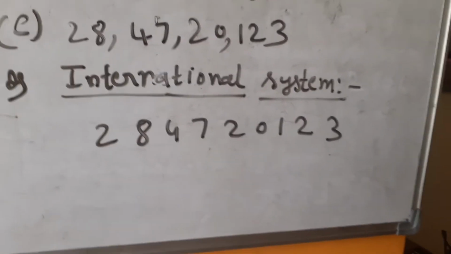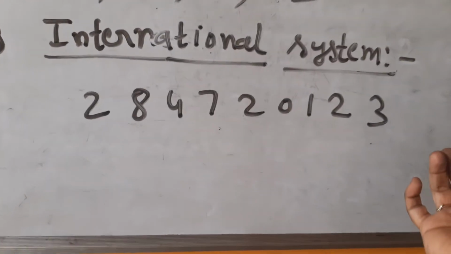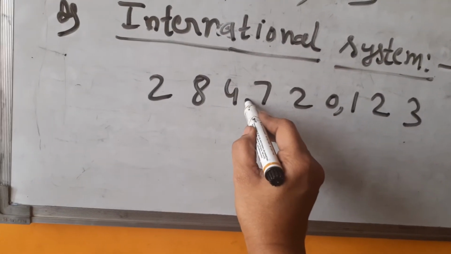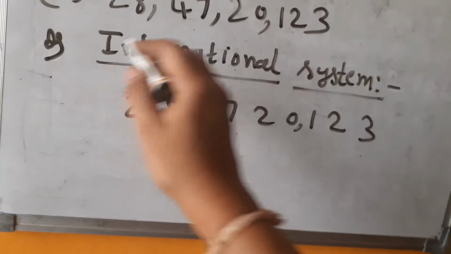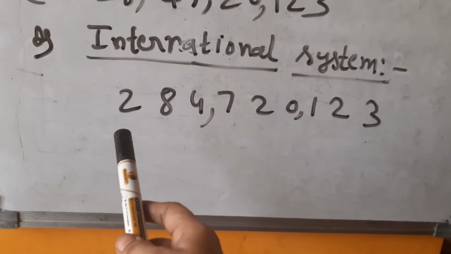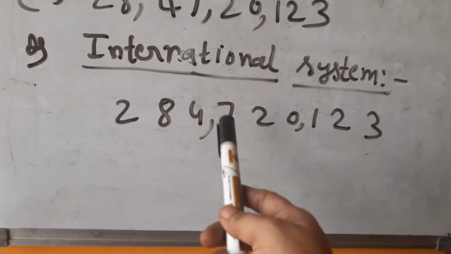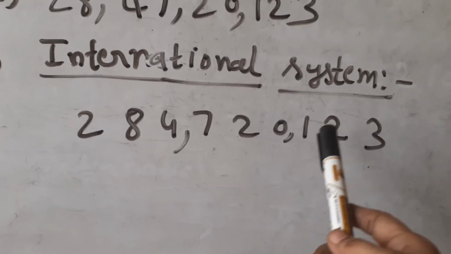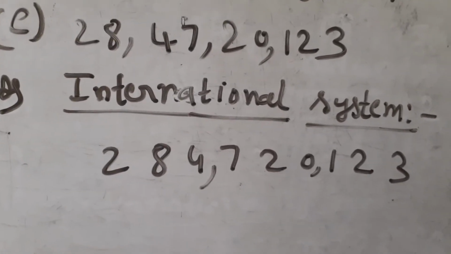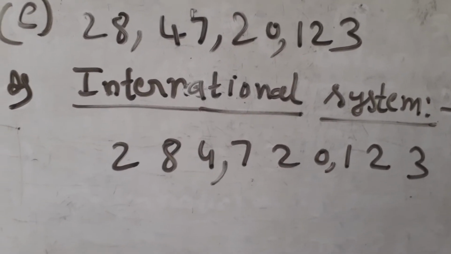So first we see the last 3 digits on the right side and put 1 comma, then again after 3 digits we put a comma, because this is the international number system. 284,720,123. Understood, students? The remaining problems I am leaving.